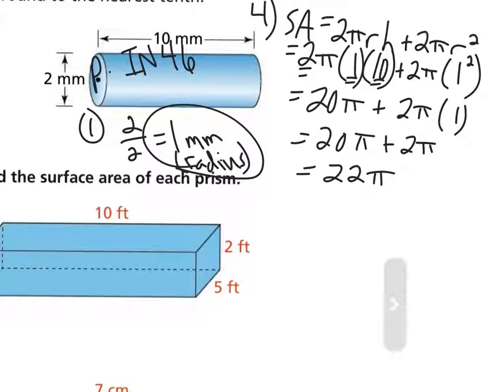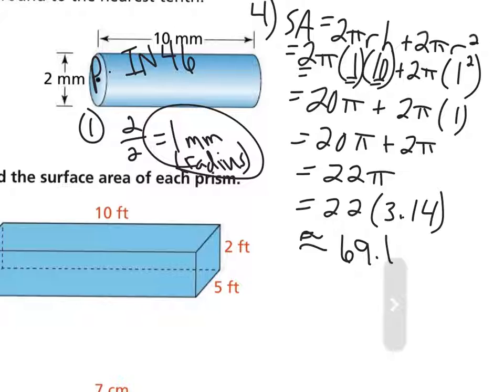Especially if we're not using calculators, it's going to make things a little simpler for you. Then we would multiply those together, 22 times 3.14. It says round to the nearest tenth, so nearest tenth would be about 69.1 square millimeters.